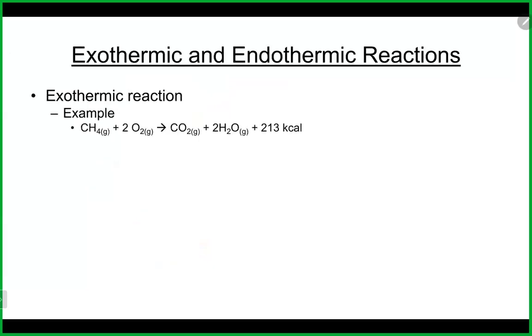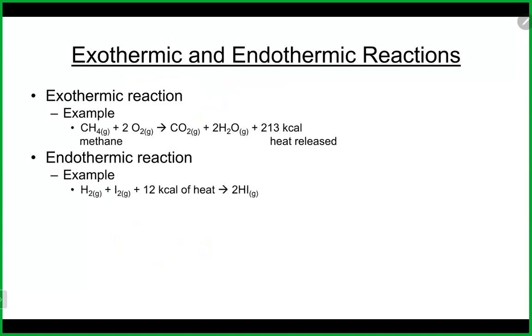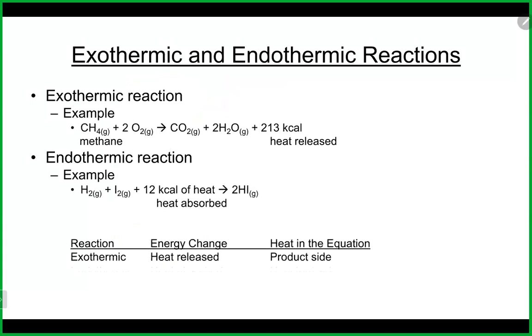So to summarize some of the stuff we talked about, a third way that we sometimes think about energy in chemical equations and reactions is, as we've talked about, exothermic releasing that energy, endothermic absorbing that energy. When we think about a chemical equation and what side the energy will end up on, in an exothermic reaction the energy is being given off.